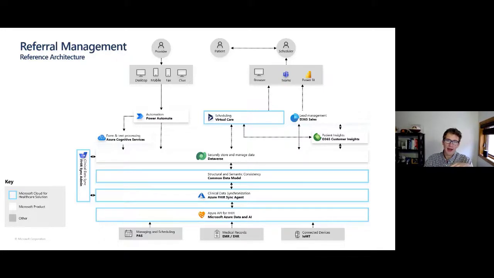This same form and text processing, the cognitive services, is the same enabling technology that lets a consumer take a picture of their insurance card to have it digitized, so they're not having to type it in themselves. That's a common one, but certainly only one of many.